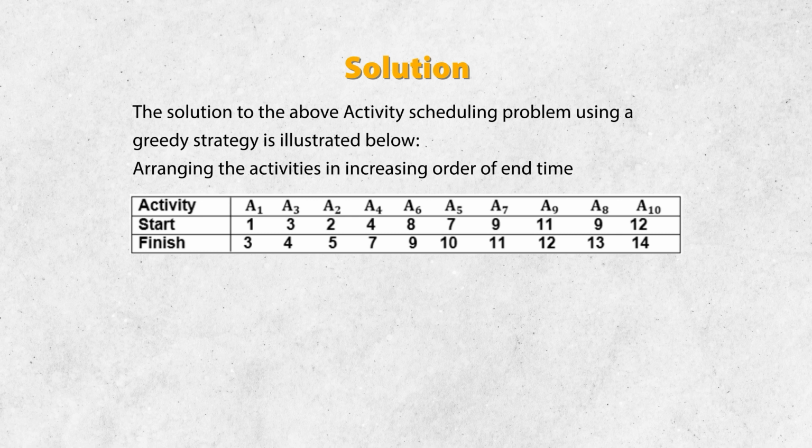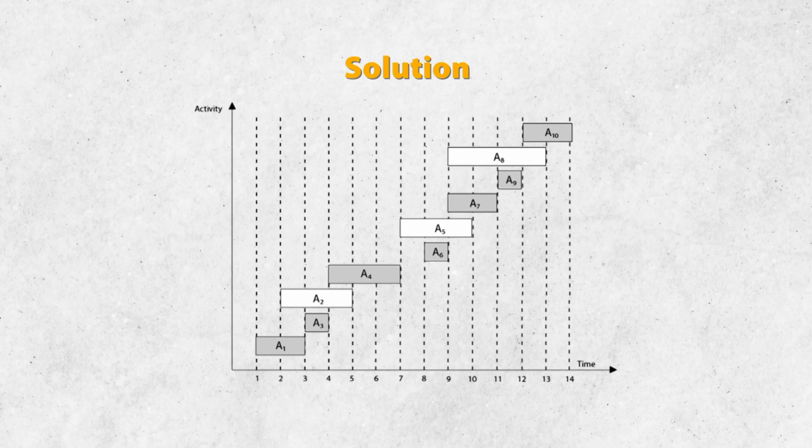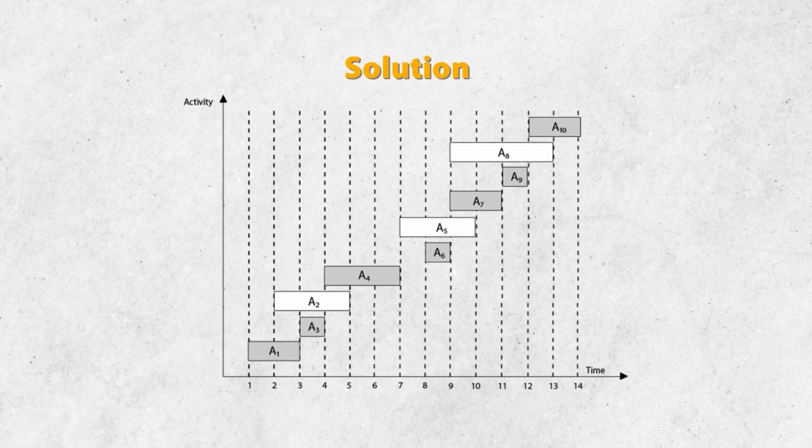In the end, the solution will be A1, A3, A4, A6, A7, A9 and A10. So this will be the solution for your activity selection problem. So this is how you get out of it. First of all, always draw the graph, and the first step is to arrange in increasing order of end time, and then draw the graph, and you will get it.